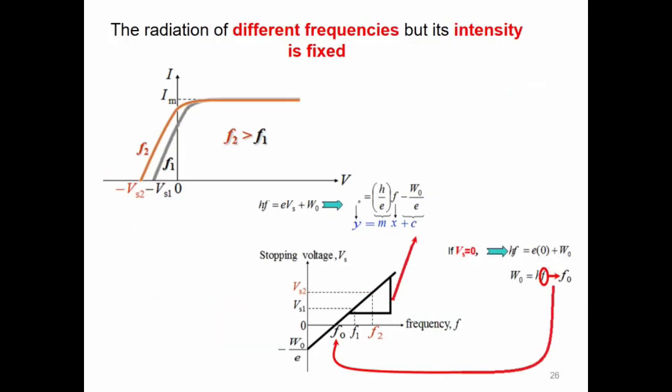So how about radiation of different frequencies but with fixed intensity? Since they have different values of frequency, we expect them to have different values of stopping voltage. The one with low frequency has lower stopping voltage. And if the stopping voltage is zero, that means it is at the threshold frequency.